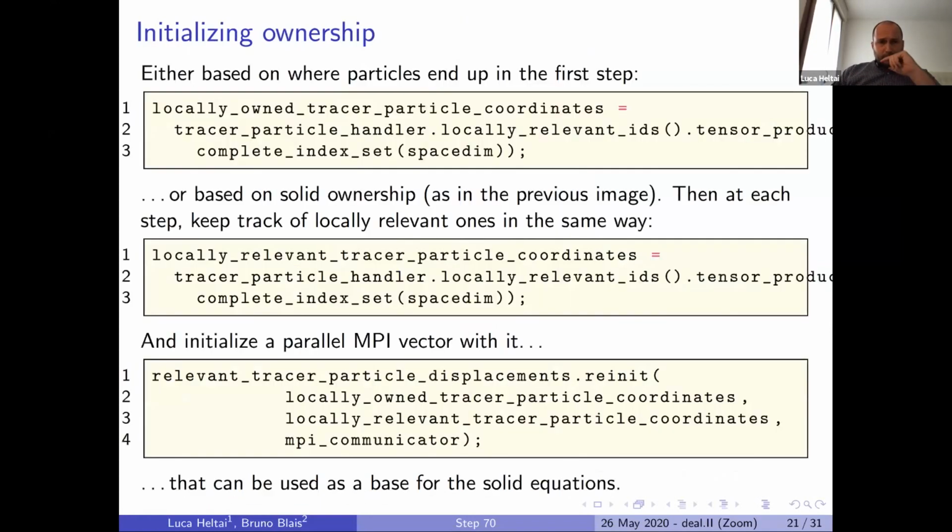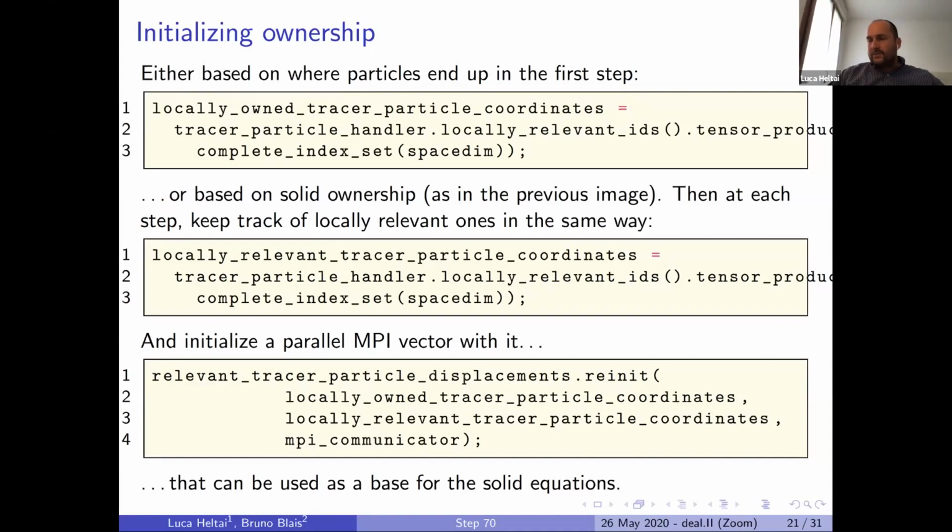This is done at the initialization, so the first step. We do this either by distributing the particles according to the solid owner, or by distributing the particles at the beginning, deciding who owns the particle according to who owned it in the first step. This is what we do in step 70.